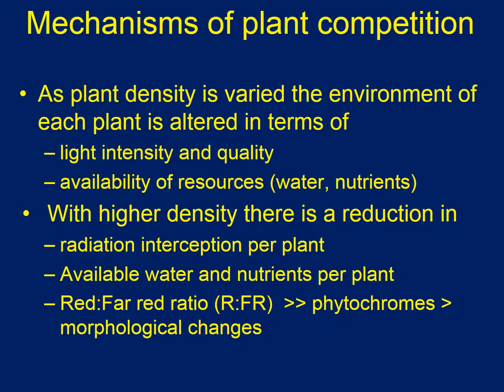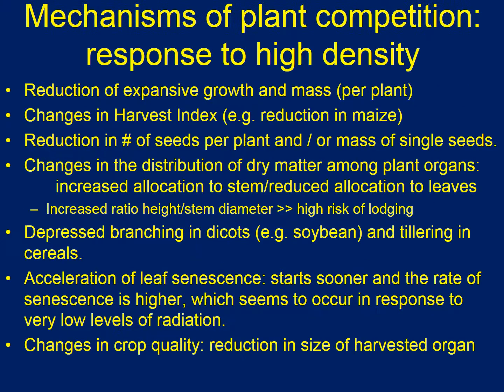With higher density, there will be a reduction in radiation interception per plant, in available water and nutrients per plant, and we will have also a change in the far red ratio of light, which is captured by phytochromes and will trigger morphological changes.